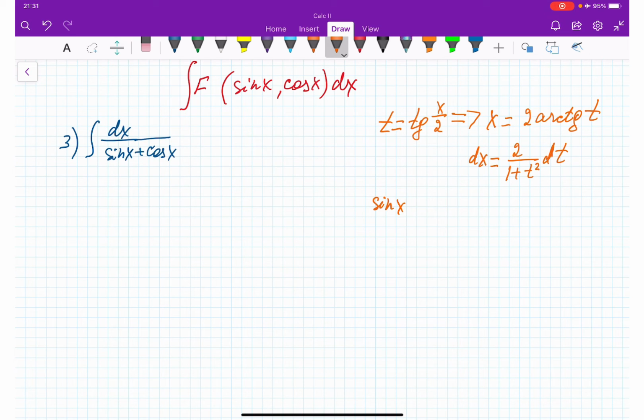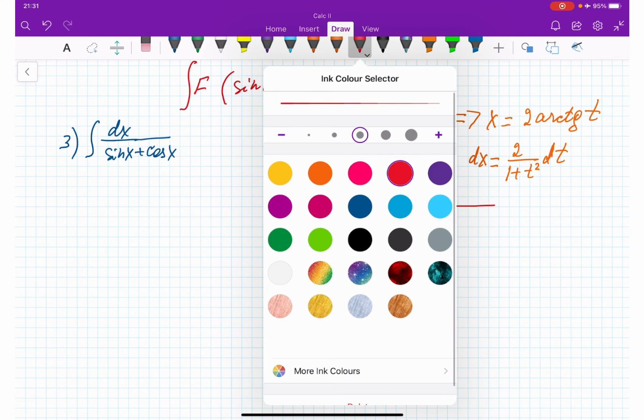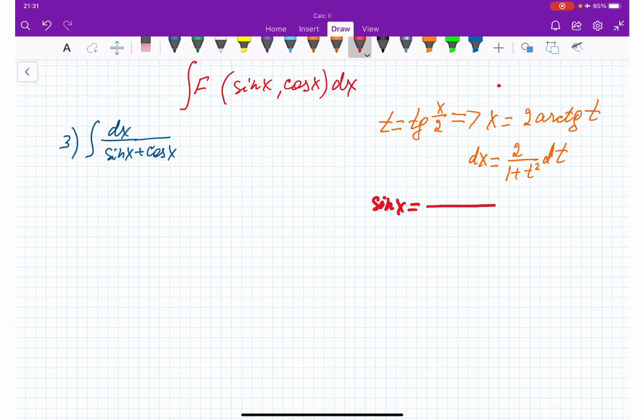So, from here, sine x, it's going to be equal. I'm writing down the formula.